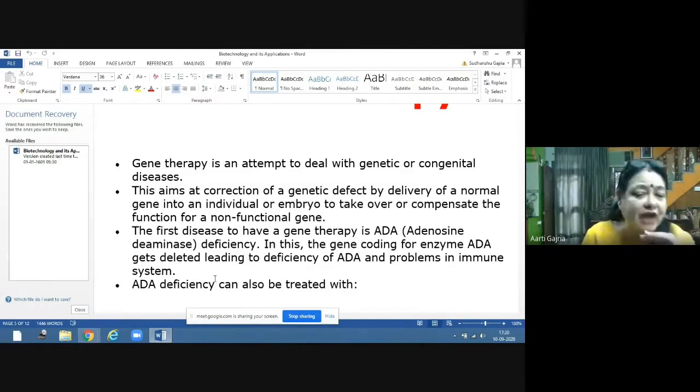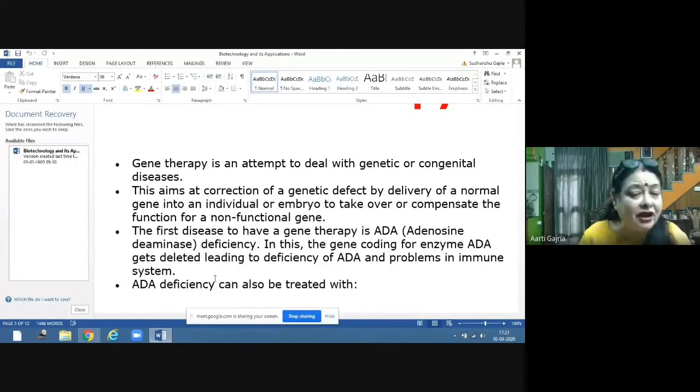Now, suppose adenosine deaminase is not there in the body. In that case, the bone marrow stem cells will not be able to form the lymphocytes B and T. And we know that lymphocytes B and T are responsible for the humoral immune response and the cell-mediated immune response of our body. So both immune responses will not be there, and that person or child will not have any immunity.